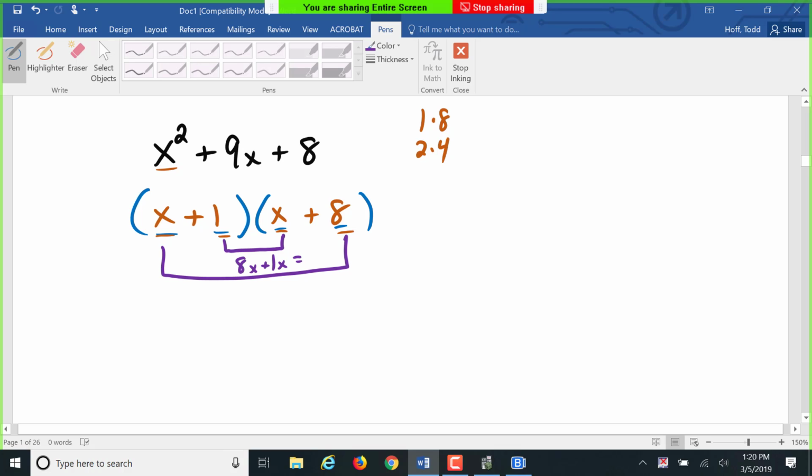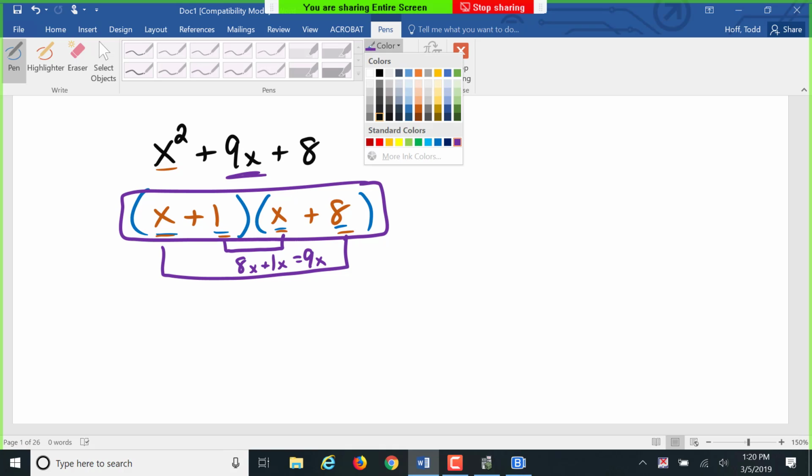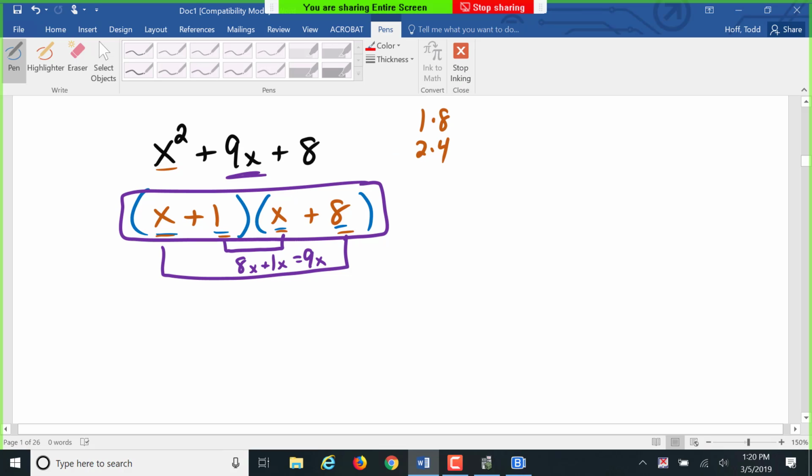We add that together. 8x plus 1x is 9x. So that is our correct factorization. X plus 1 times x plus 8. So you can see that these numbers multiply to make this one, but in these simple cases, they also add to make that one.